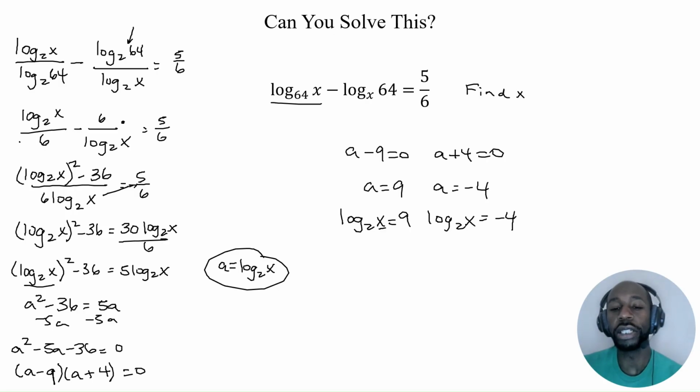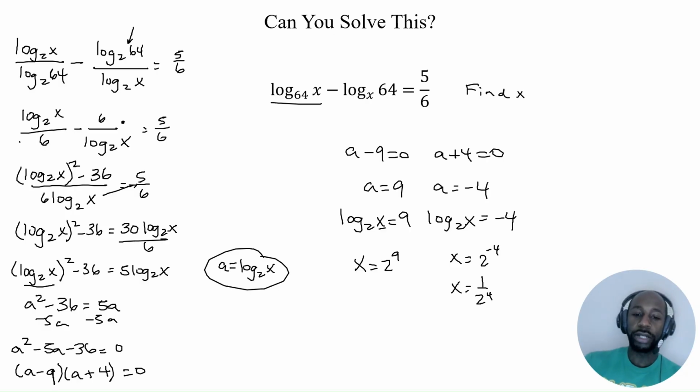And so that means, in other words, x is equal to 2 to the ninth power, or x is equal to 2 to the negative fourth power. Or in other words, x equals 1 over 2 to the fourth. So these are the answers that I got. x is 2 to the ninth power. x is 1 over 2 to the fourth power.